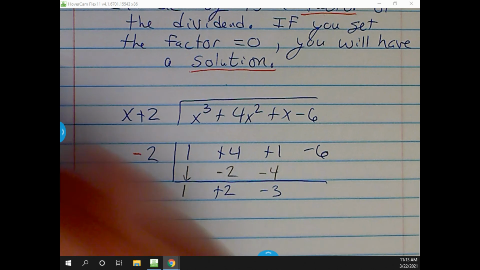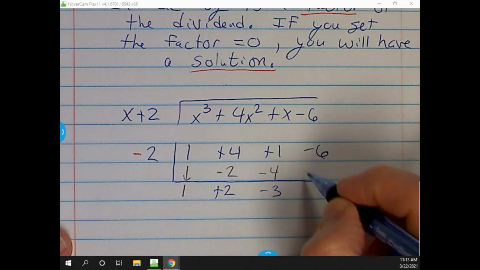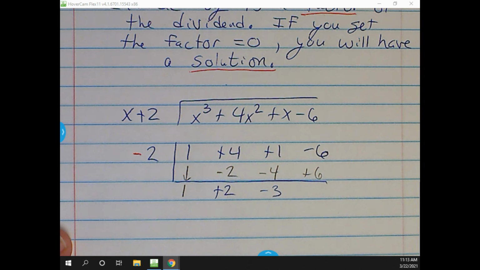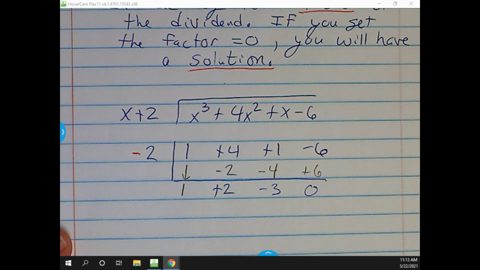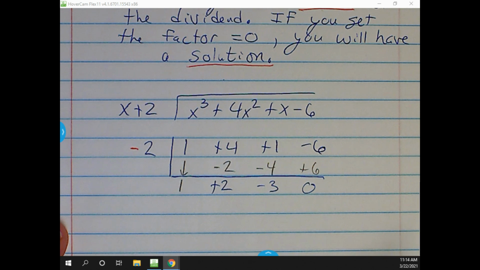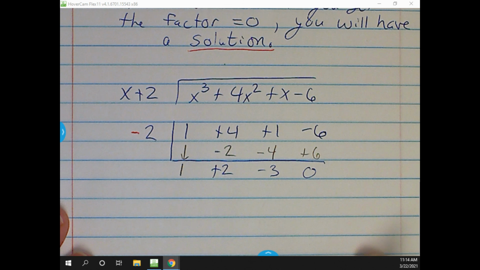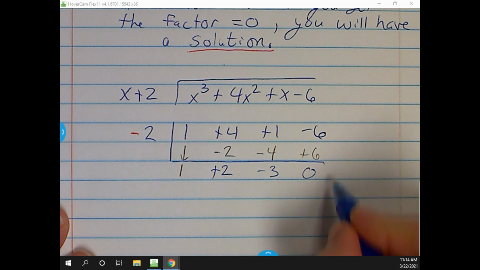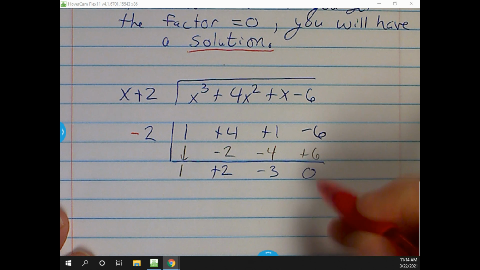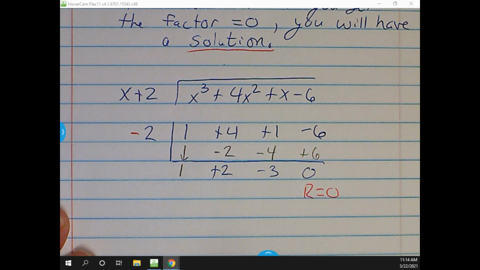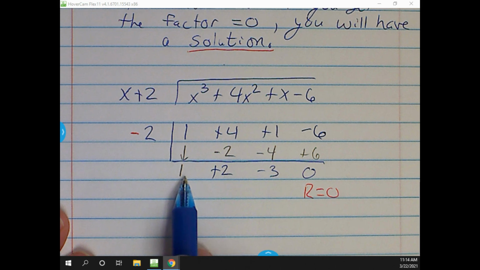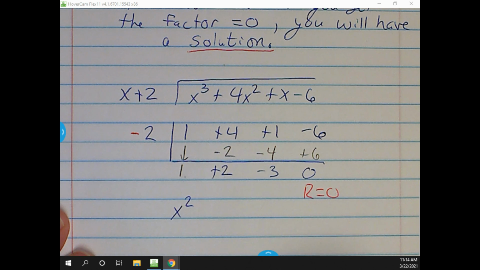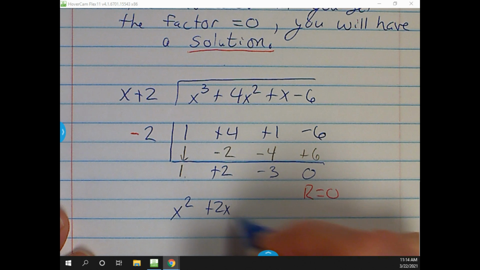And then if you do negative 2 times negative 3, that's a positive 6, which then gives us a 0. Okay, and again, if we go ahead and write out the answer here, bring this down 1 power of x. So instead of starting off with x to the third, that's going to be x squared plus 2x minus 3.